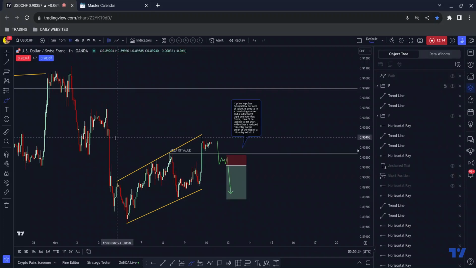but because we wouldn't have necessarily reacted from anything from the left, okay, I'll be looking specifically for a 1 hour flag. So if we break back below this area of value and we flag, I'll be looking for a 1 hour flag. What that means is this is to mitigate risk. When we have these kind of steep structures and we don't really react from anything from the left, and with all the other things considered, what I look for is a push down followed by a 1 hour flag, which means 6 to 8 corrective 1 hour candles before I look to get short, versus what I would normally look for, which is 6 to 8 corrective 15-minute candles.